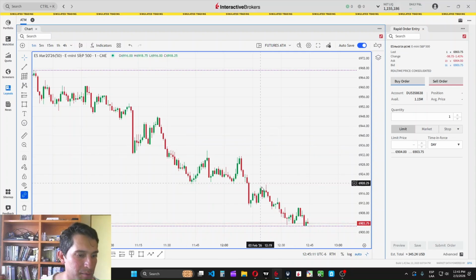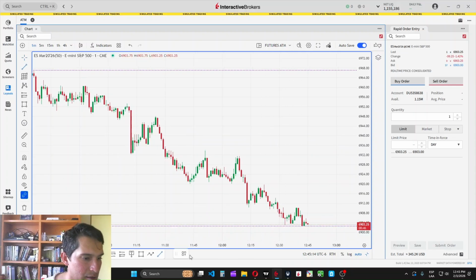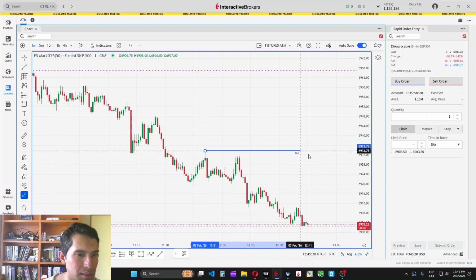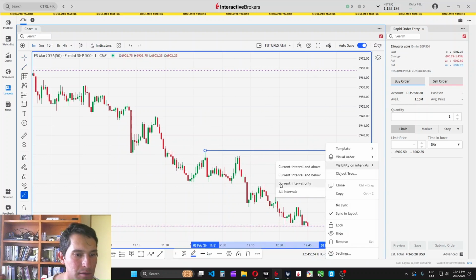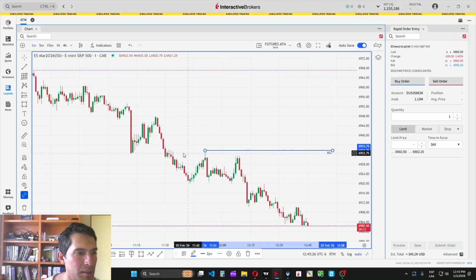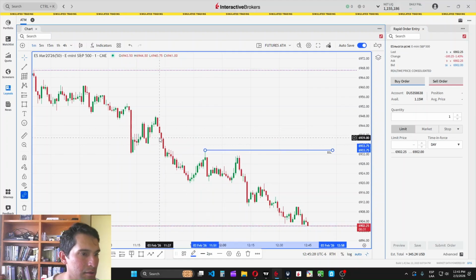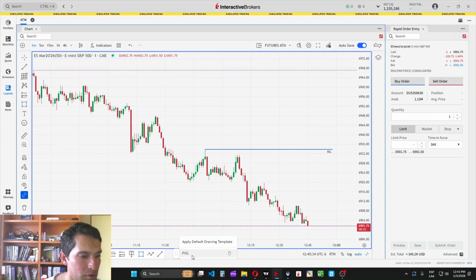So that's what I'm expecting, and I'm gonna mark areas where I can place a target or where I think the price can go. So this is relative equal highs, this and this one, and we have this fair value gap areas right here that could be a target as well. So let me show it to you.